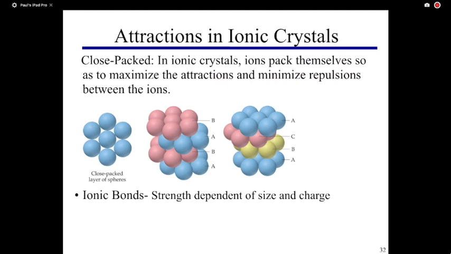Now, when you're in ionic crystals, the strengths of the bonds are dependent upon how much charge is there. The larger the charge, the better the bonding. And the size. The smaller it is, the stronger it is. We actually calculated this before when you looked at ionic bonding and we put them into an order on an exam. And most of you got that exam question right.